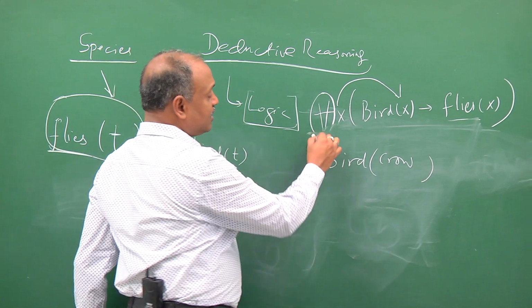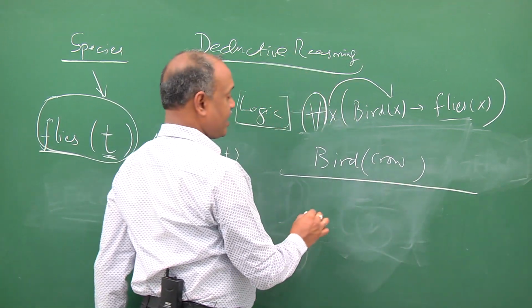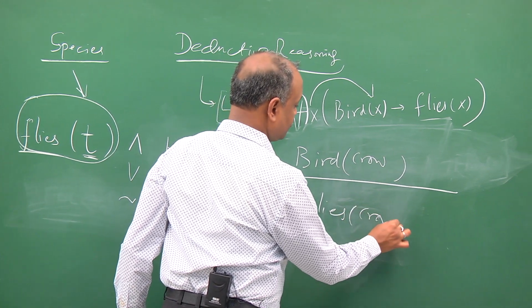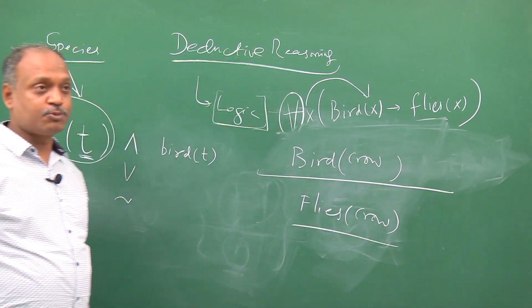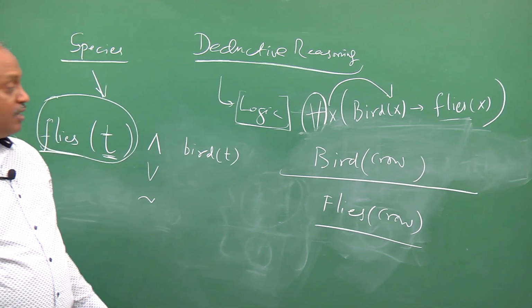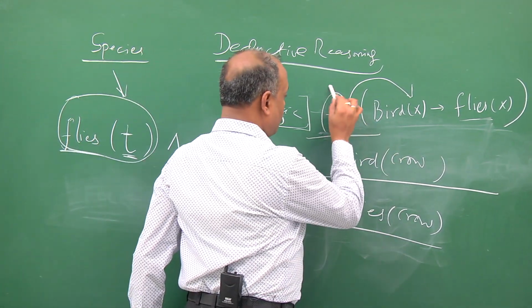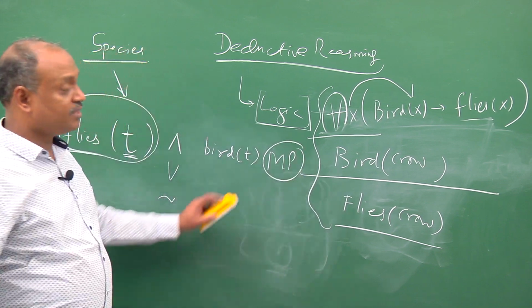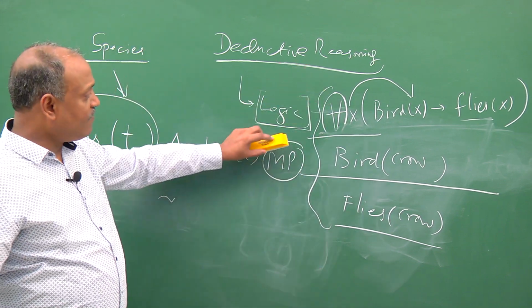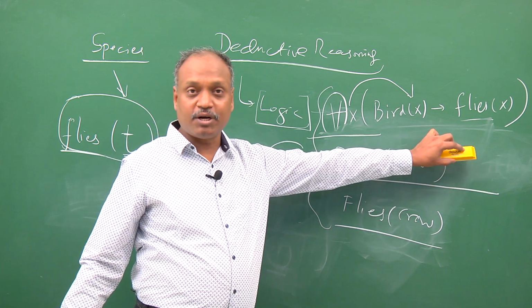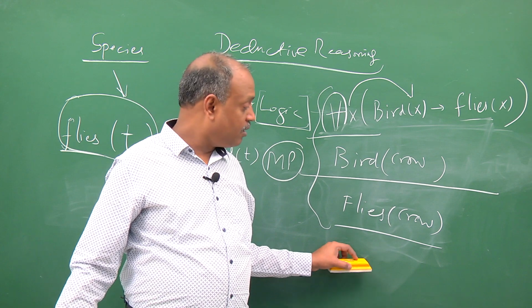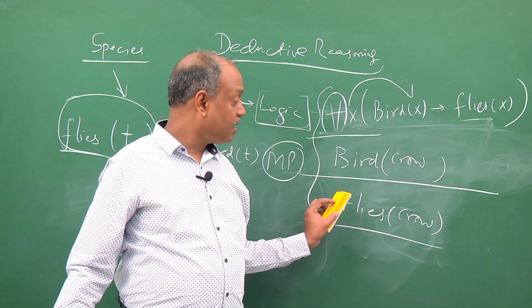Then, using the rule of inference known as modus ponens, by a combination of this we create the equivalent of modus ponens in the context of first order logic. So we have a rule which says that for all x, bird implies fly, and there is a bird, then it will also mean that it is flying.